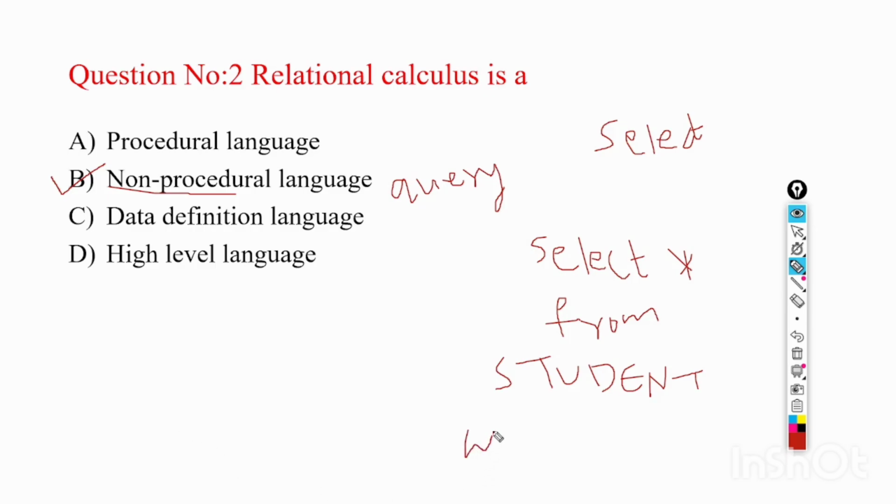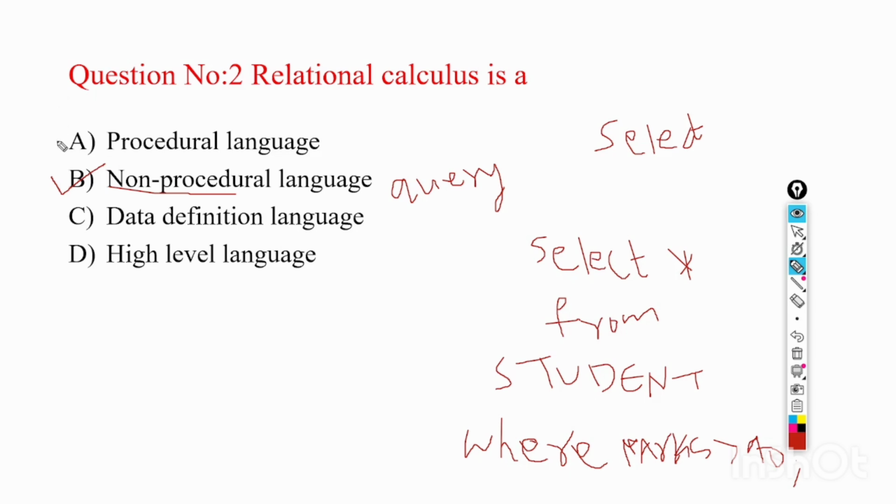For example, select star from student where marks greater than 90.